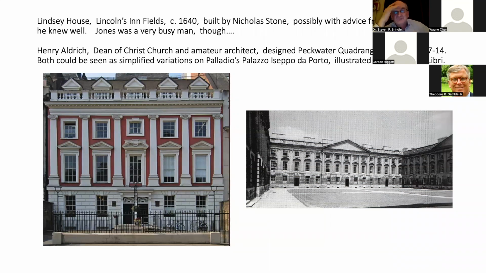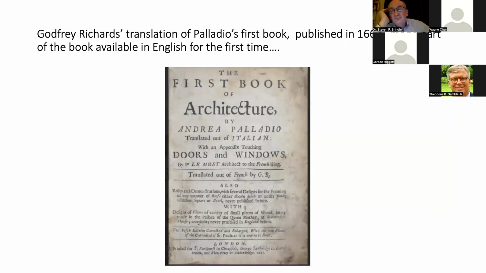And indeed, Palladio had got translated into English for the first time, just the first book, the one with the orders, published by Godfrey Richards in 1663, and that would certainly have helped the spread of his influence in late 17th century England.